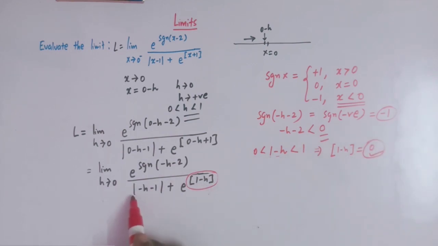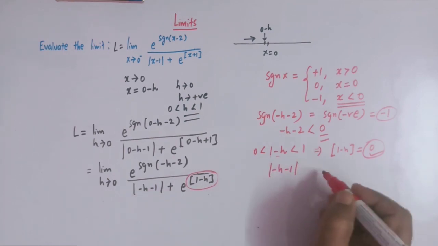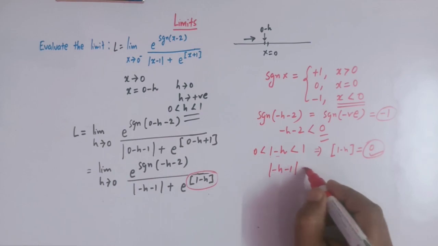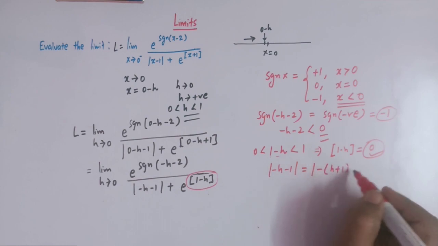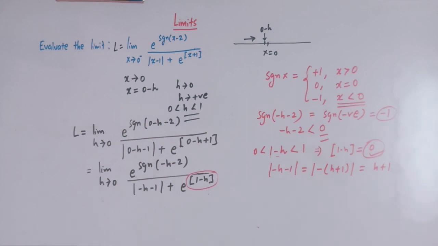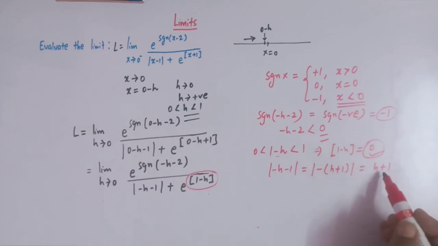Here we have mod of minus h minus 1, which we can write as minus of h plus 1, so it becomes h plus 1 by the definition of absolute value function.